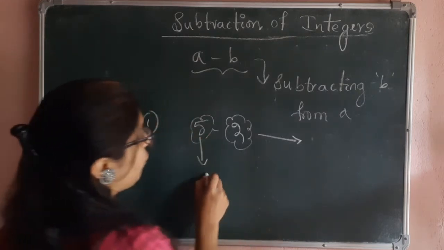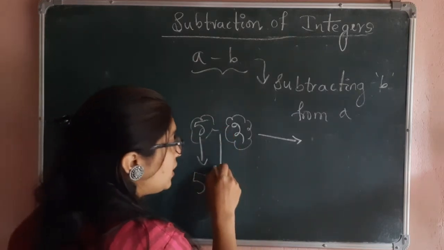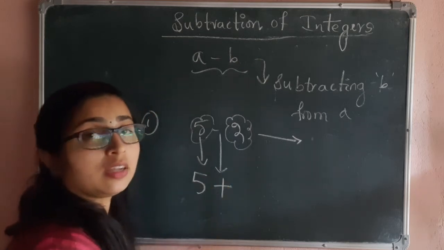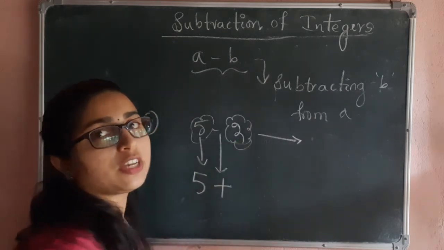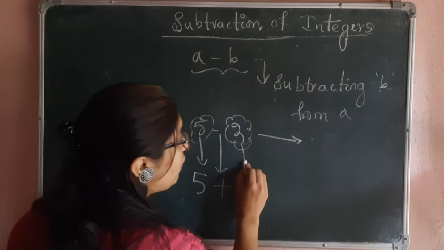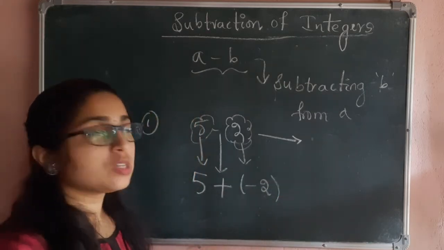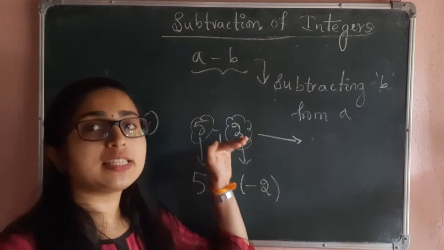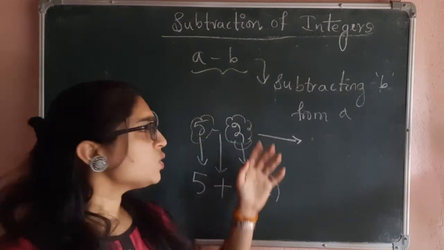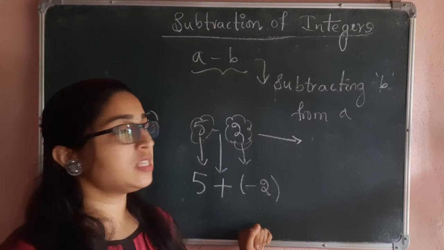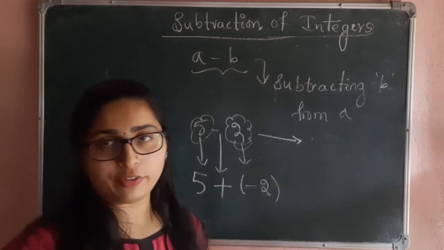So I will write 5 as it is, convert the subtraction to addition, and this positive integer 2 I will convert to the negative integer, minus 2. So now I have converted subtraction to addition. This is one of the easier methods to find the difference.